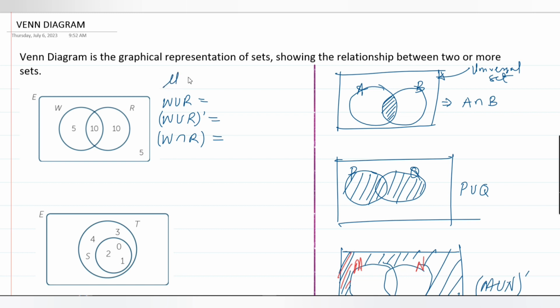Let's say the universal set is E. So let's see the sets.